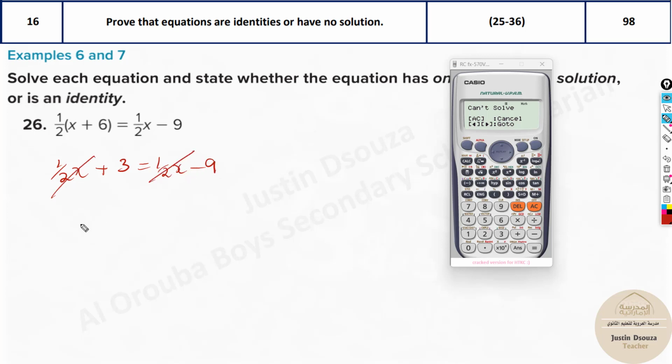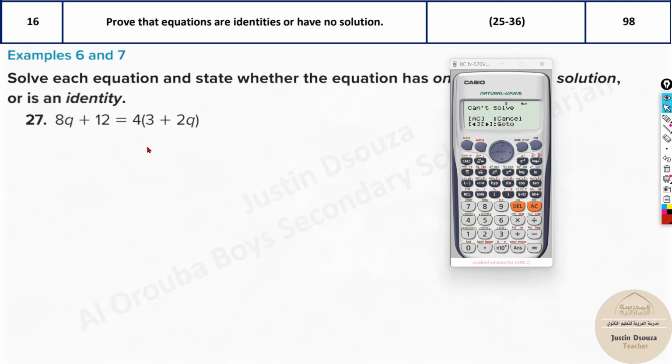Now this half and half cancels off because they are on the other side of equal to. When you take it to the other side, it becomes minus and cancels, right? Now, is 3 equal to negative 9? No, it's not equal, so there are no solutions, okay? And if you do it in the calculator, you will get can't solve as well. So this is no solution.